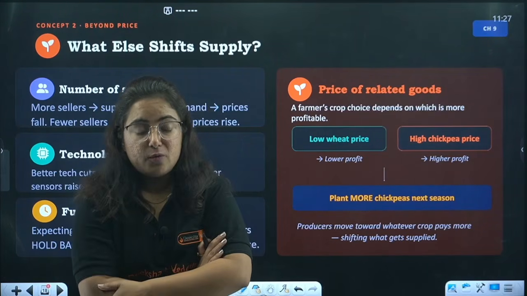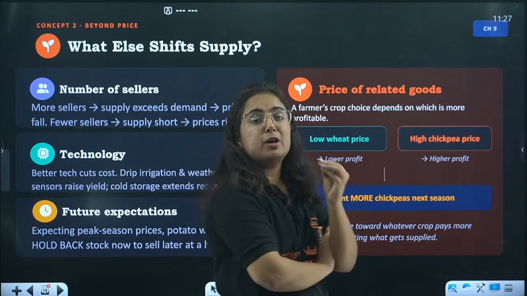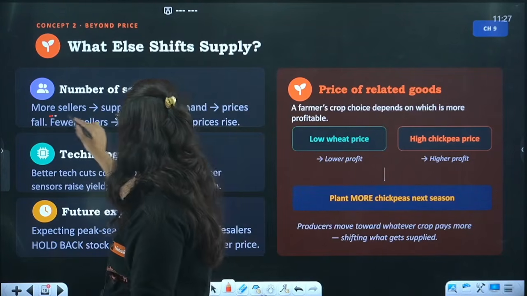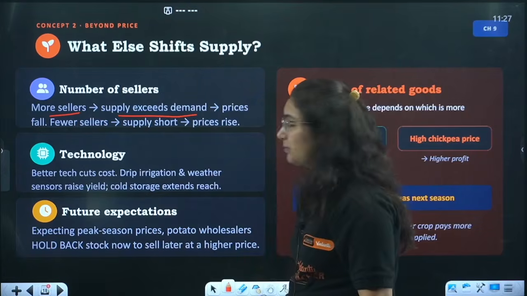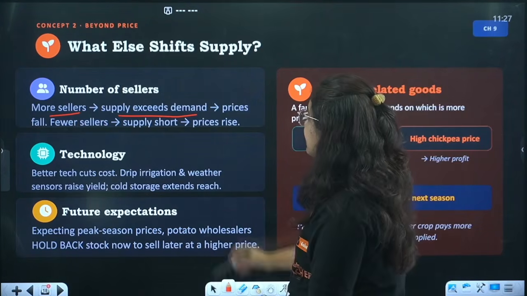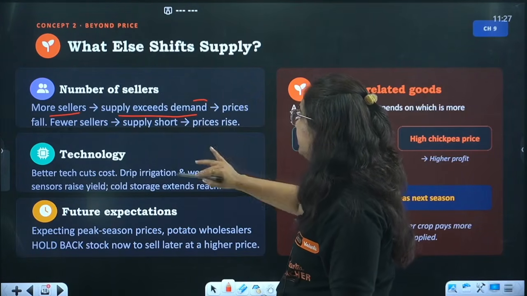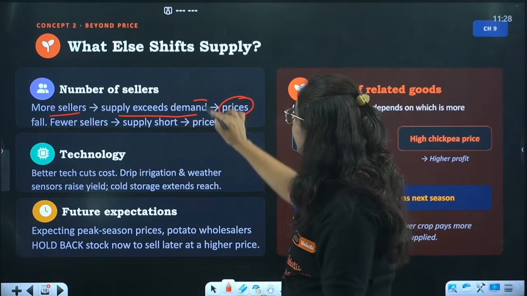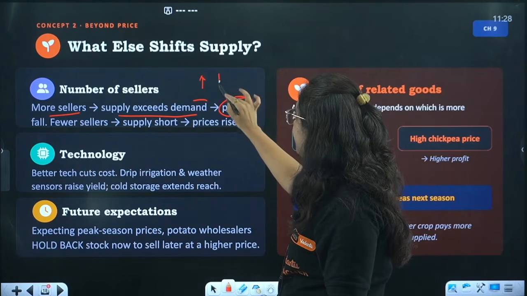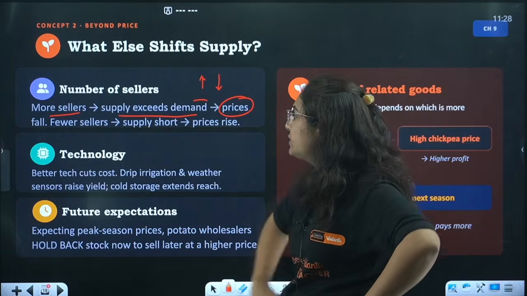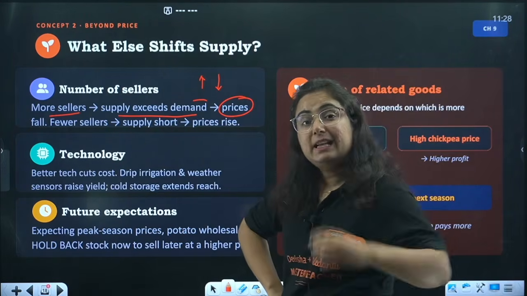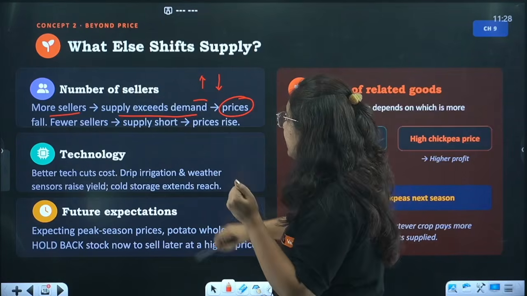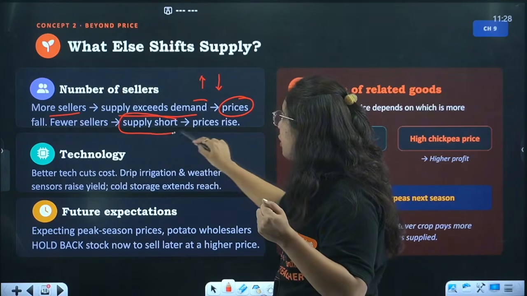So what happens, beta? The number of sellers also affects that. If there are more sellers, the supply will exceed the demand, obviously, and the prices fall. But whenever there are fewer sellers in the market, the supply will be short.